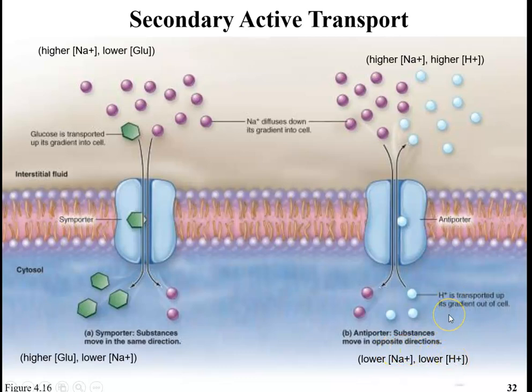So what happens is sodium diffuses down its concentration gradient again into the cell, and this powers the pumping of the hydrogen ion up its gradient out of the cell. So it's going from an area of lower concentration to an area of higher concentration, and it's using the kinetic energy of sodium moving down its concentration gradient.